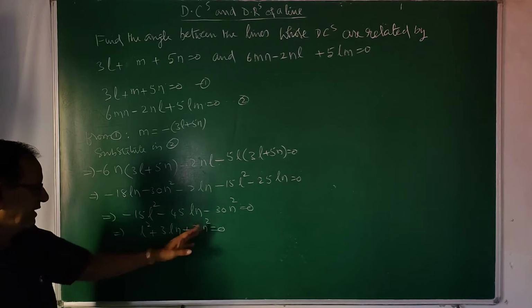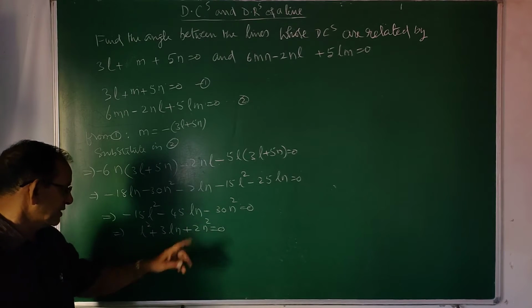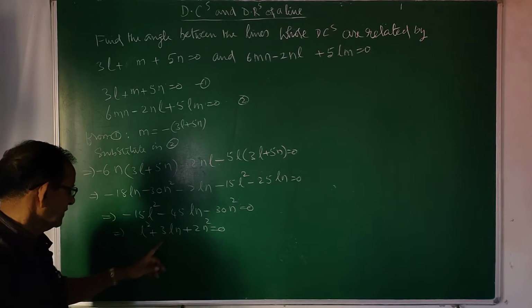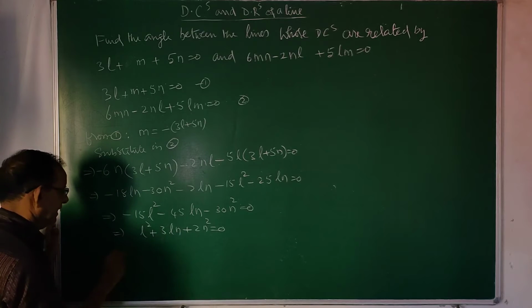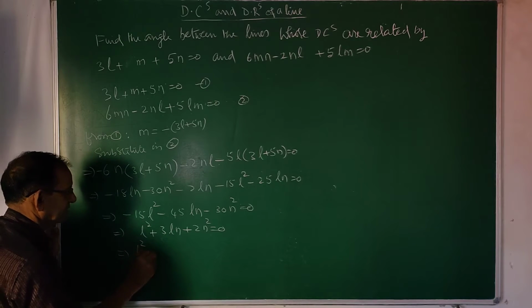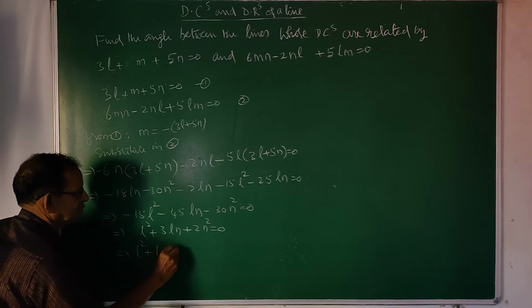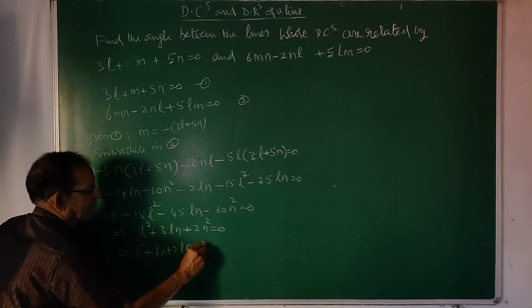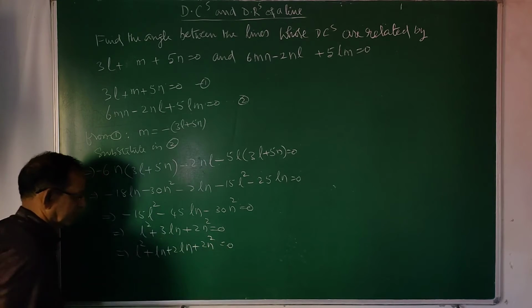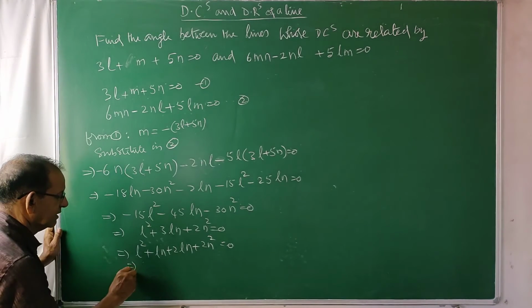Now let us factorize this one. L square into 2N square. So you can write 3LN as LN plus 2LN: L square plus LN plus 2LN plus 2N square equal to 0. Take L common.